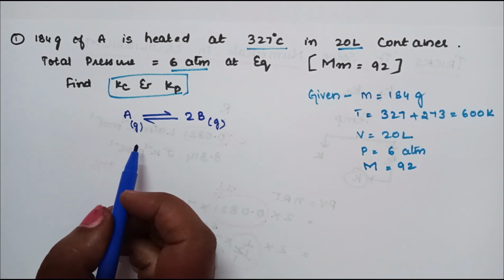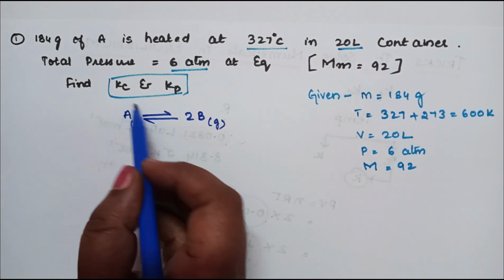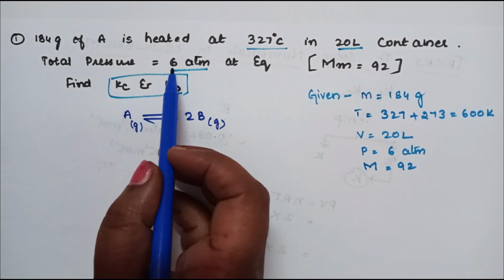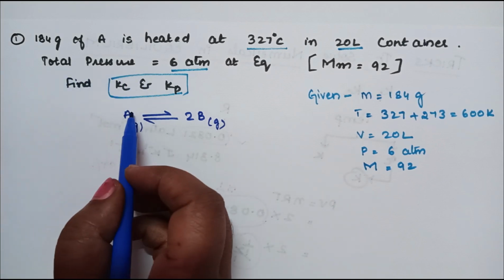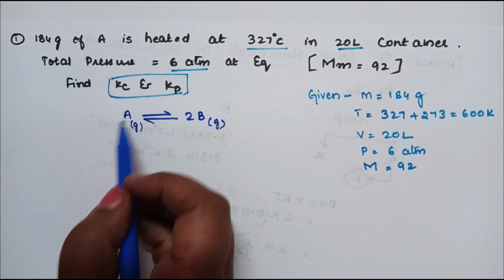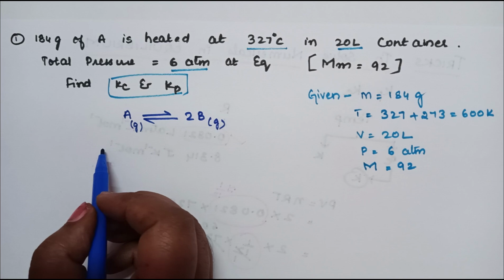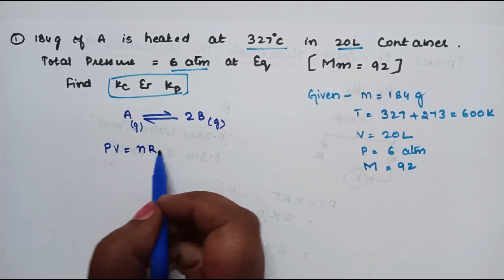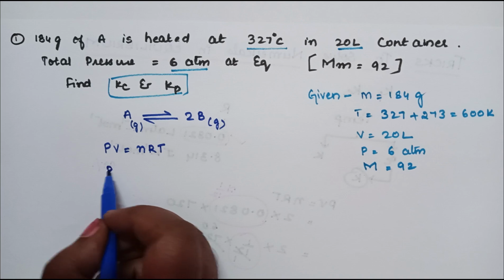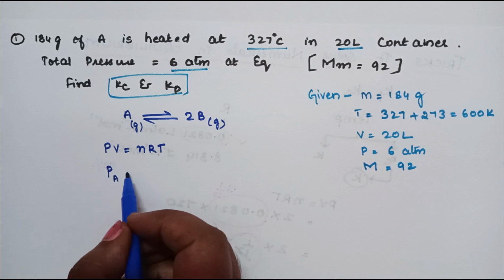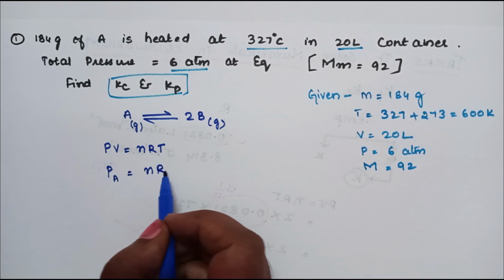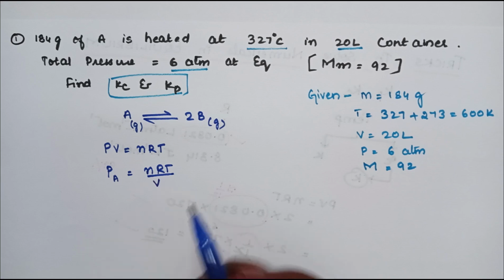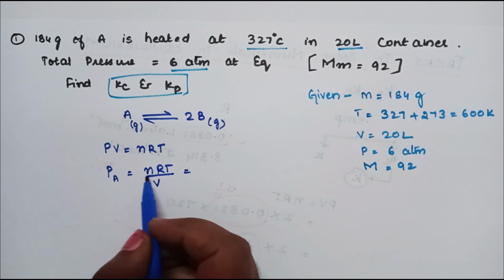First you have to find the pressure of A. In the question they have given total pressure, but we have to find the initial pressure of A. Use the ideal gas equation, PV is equal to nRT. So PA is equal to nRT divided by V. What is n? n is number of moles.